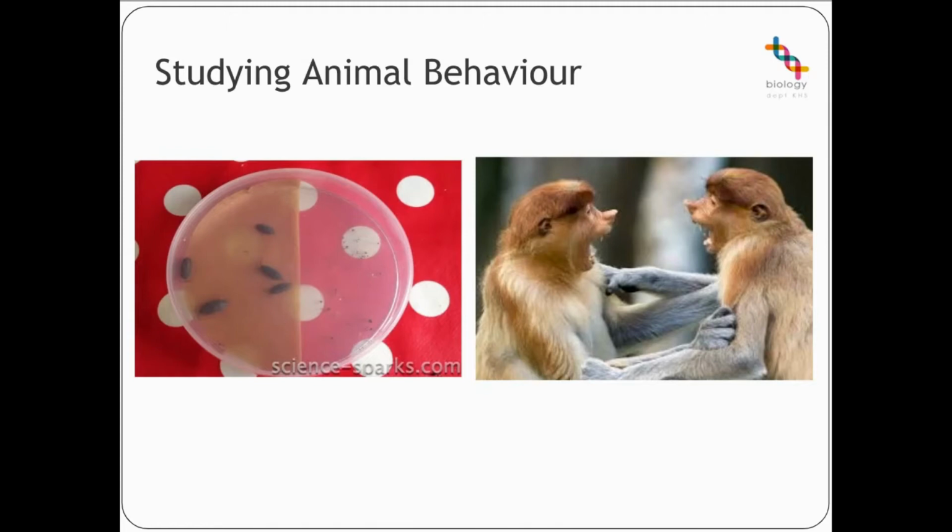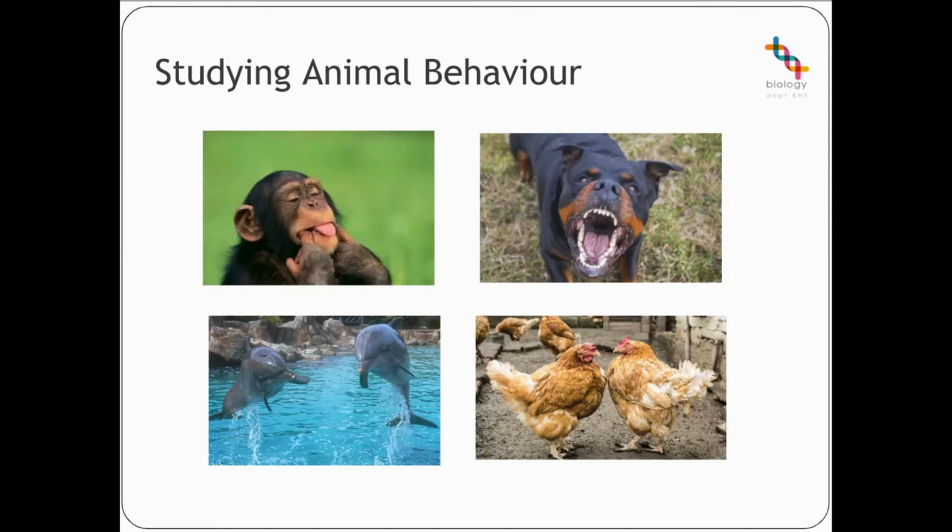However, in the field, behaviour is a more complex adaptation. And when we look at the behaviour of different species, you can see there's a huge variability in the types of responses that you might see. Consequently, we need to make sure that we design these experiments very carefully.